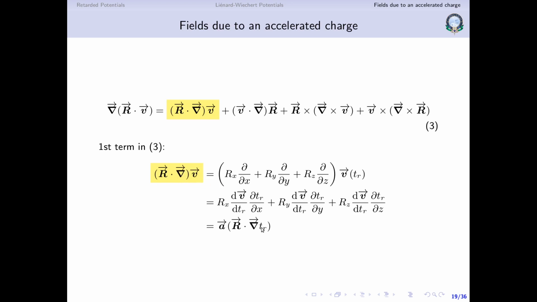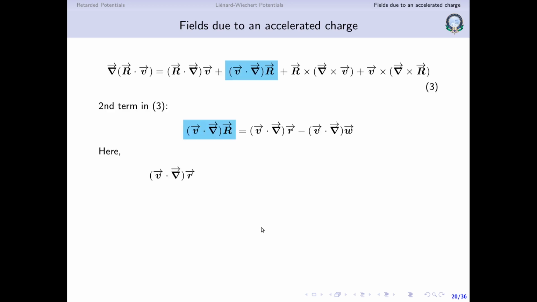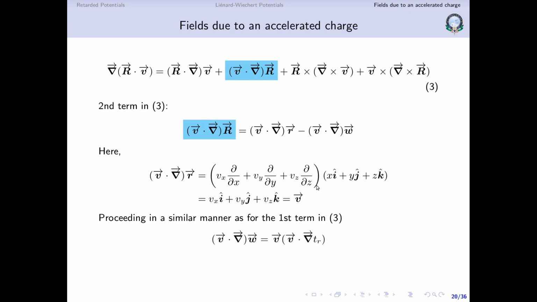So we'll have the same thing over here also. You could verify this for yourself. When you expand this out, you will find that for V dot del W, we will get the derivative of W, which is equal to V itself, and this del we'll have to replace with the gradient of TR. So this is what we will get.